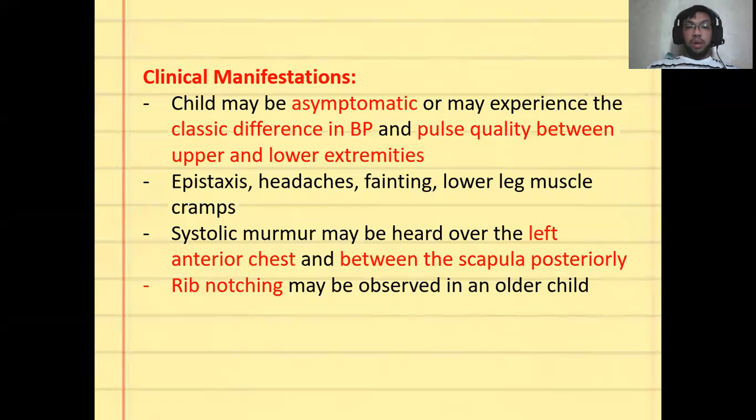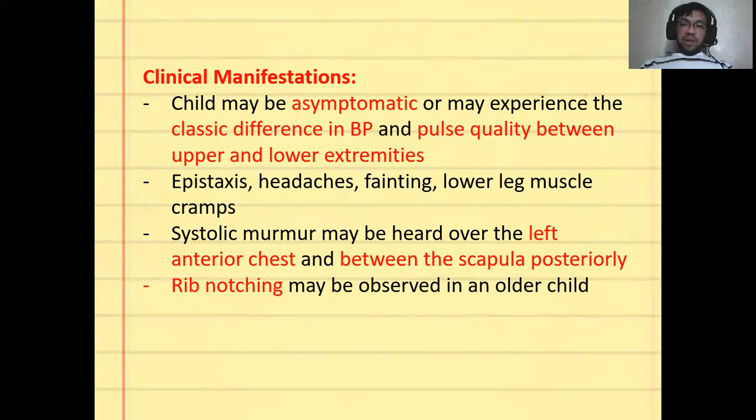So you are going to feel increased BP on the upper extremities and decreased BP in the lower ones. Even the pulse, you are going to feel a bounding pulse in the upper extremities while a weak pulse at the lower extremities.